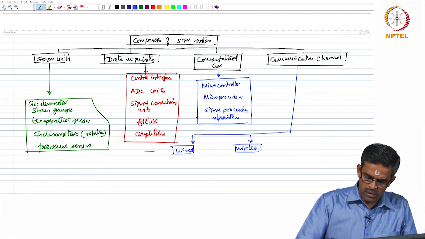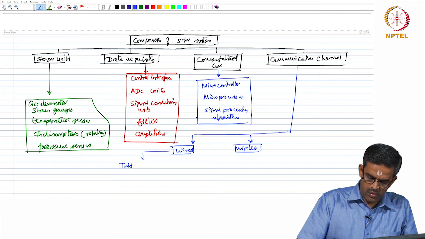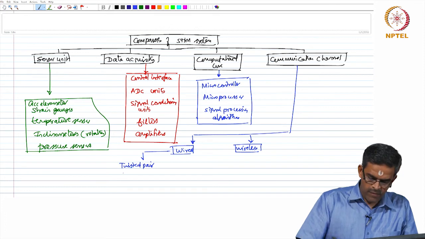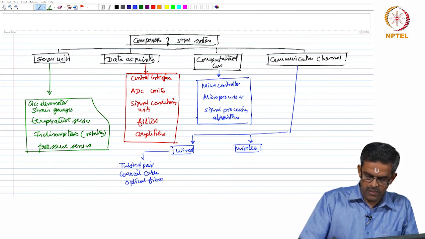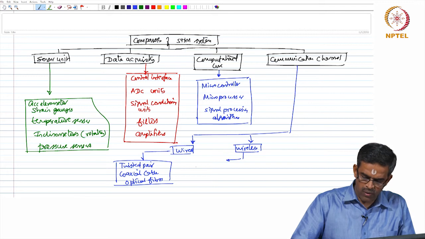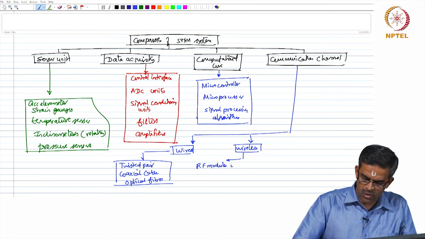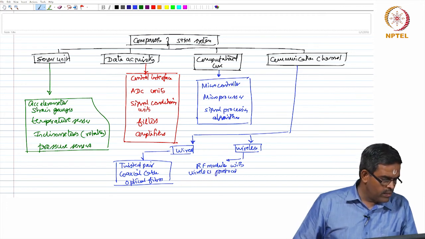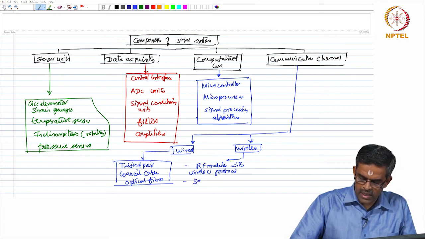For the wired, we will have twisted pair of wires, coaxial cable, and also optical fibers. As far as the wireless system is concerned, we will go for radio frequency modules with wireless protocol, and we will also enable satellite communication.